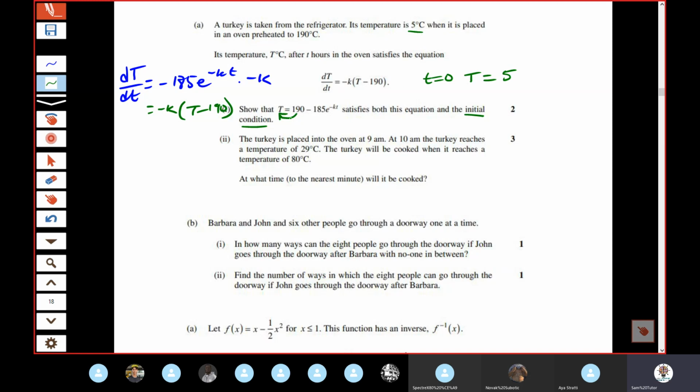So let's see if it's true. T equals 190 minus 185 e to the 0. E to the 0 is 1. 190 take away 185 is 5. True. You would write, therefore, satisfies initial condition. Or if you just did it the way I did it and put a tick, we'll also give you 4 marks. Easy.